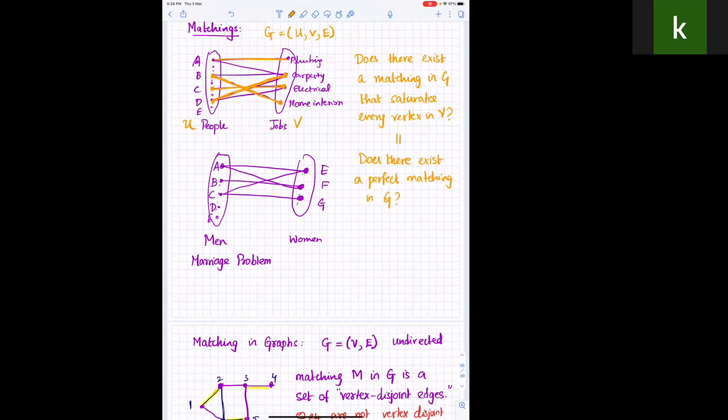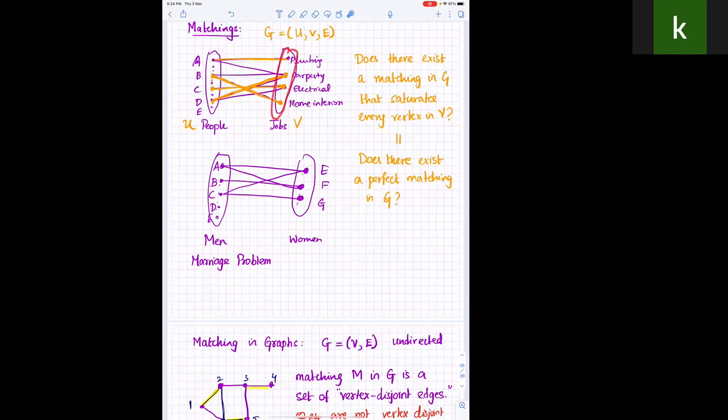When we do this for bipartite graphs, the left-hand side might have far more vertices. For example, there might be 100 people here and 4 jobs here. So whenever we say perfect matchings in bipartite graphs, usually we only want to saturate the smaller set. The larger set has so many people that it is not possible. If there are 10 people here and 4 people here, you cannot expect a matching to saturate all the 10 people. Then there will be edges that are not vertex disjoint, which will contradict what a matching is.